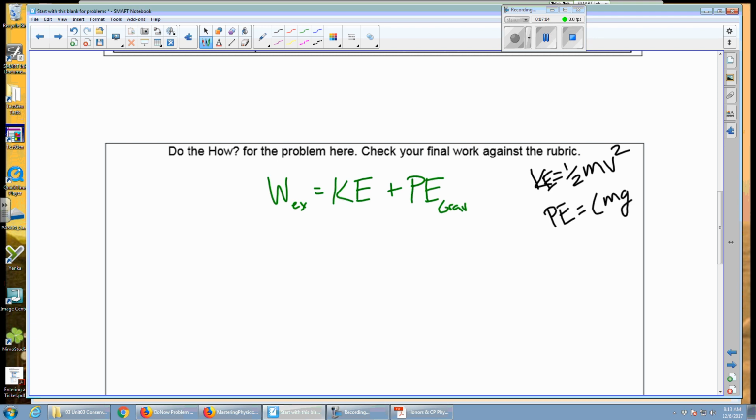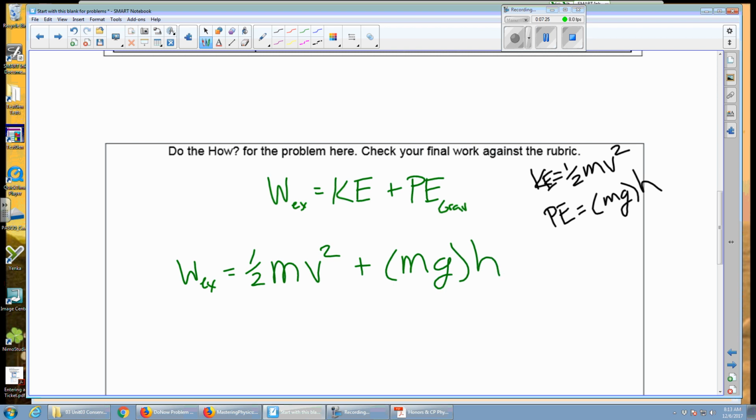And mg, the weight times the height. I know the mass, I know the speed, I know what planet it's on, so I know the gravitational field strength, and I know the height. Algebra's done. Do arithmetic. Be happy.